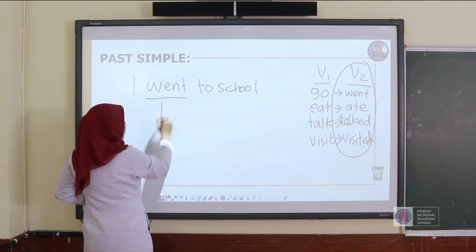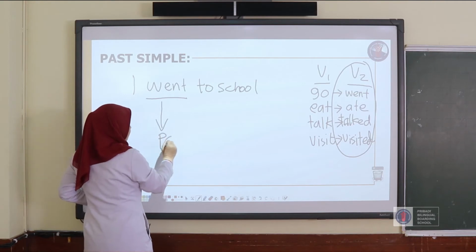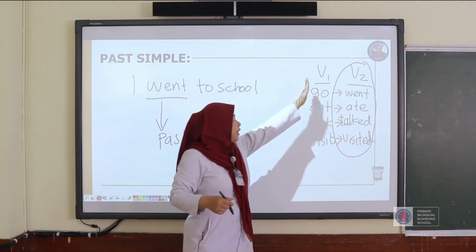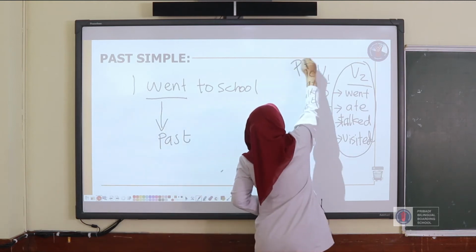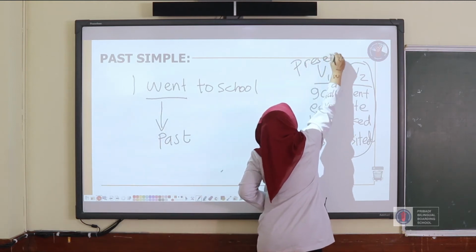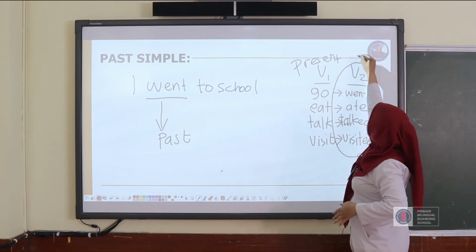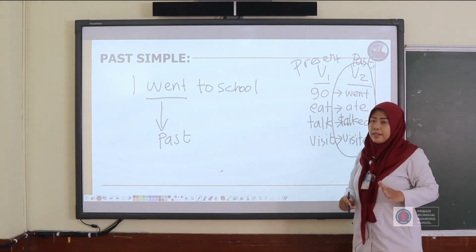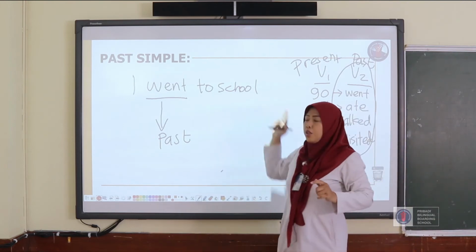This one is explaining the past. Why, miss? Because we're using the Verb 2. This one is for the present, and this one is for talking about the past. So, I went to school.